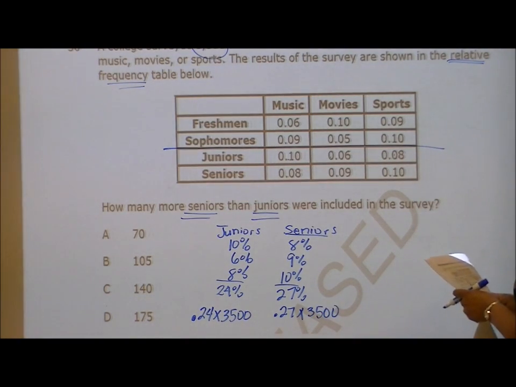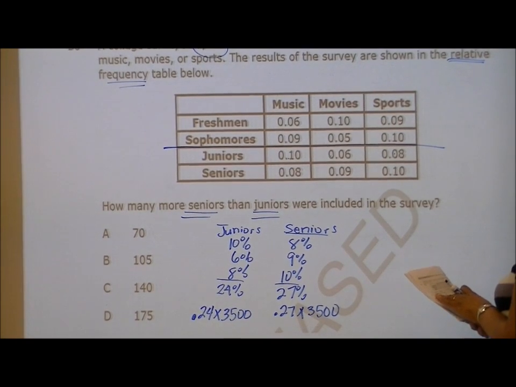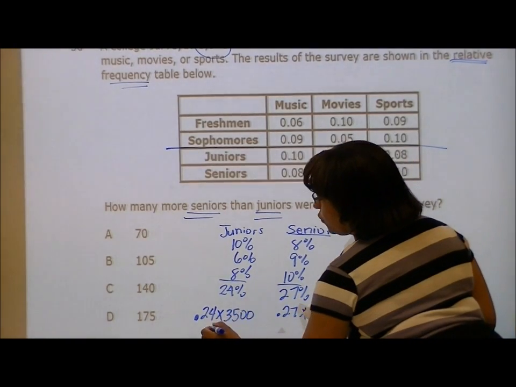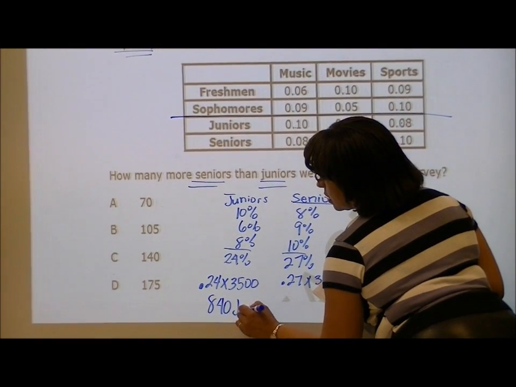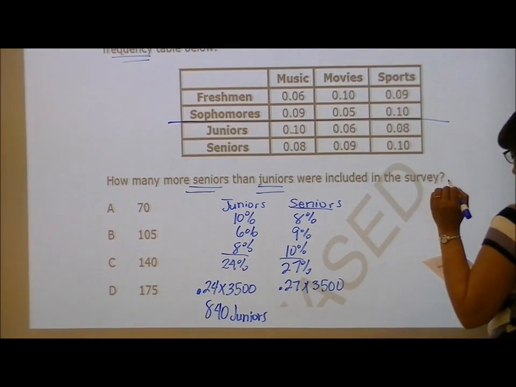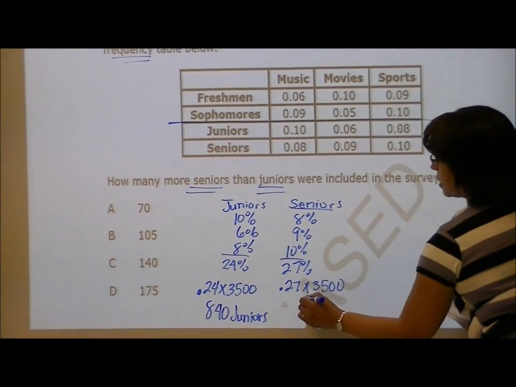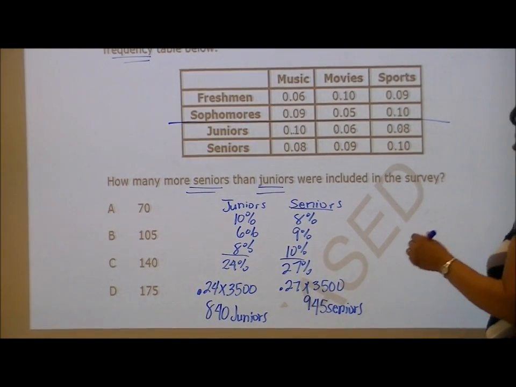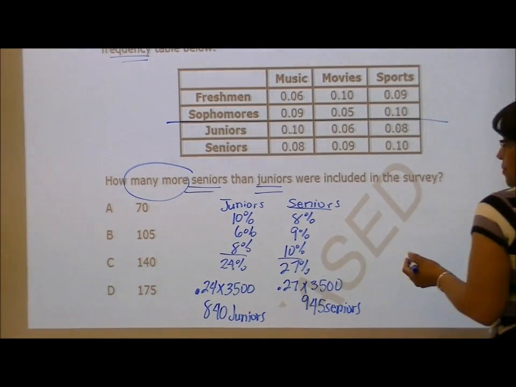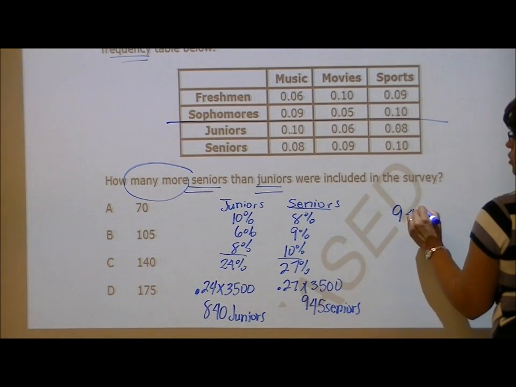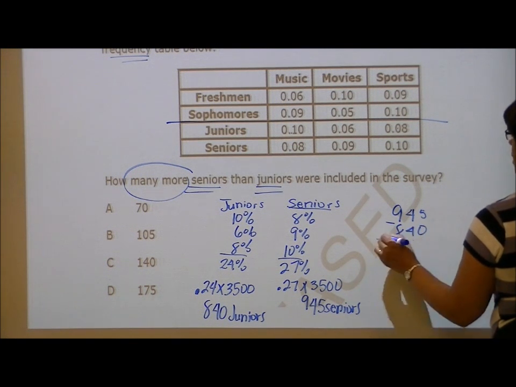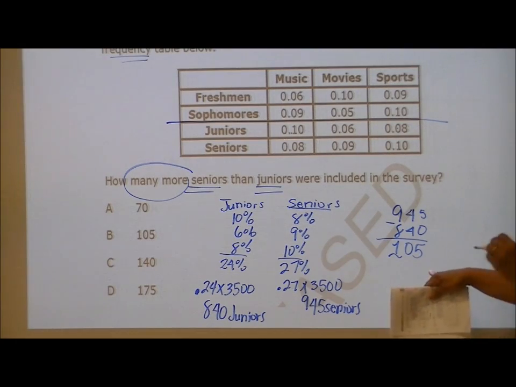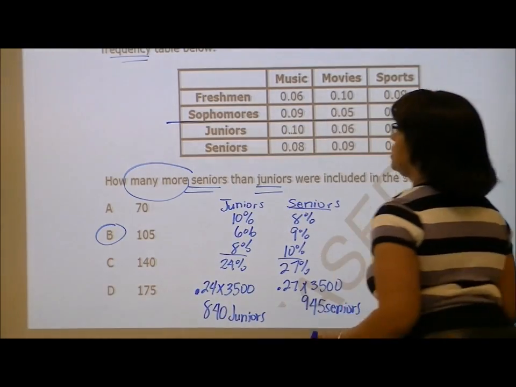And when I did that, what I ended up with is 840 juniors, and I ended up with 945 seniors. But I have a comparison. It said how many more. So I'm going to have to use subtraction. So we have 945 minus 840. And you see your answer is B, because there are 105 more seniors than juniors.